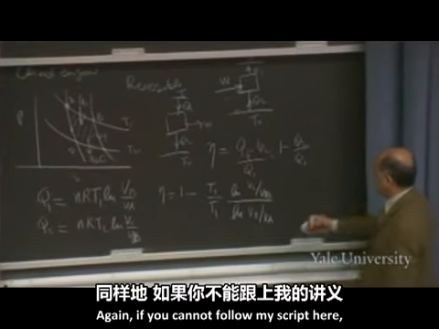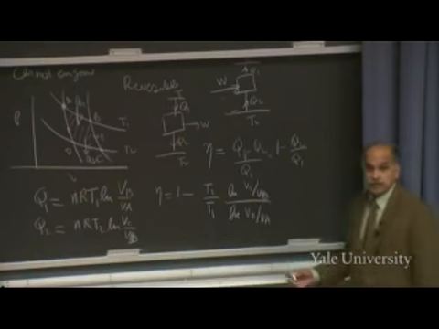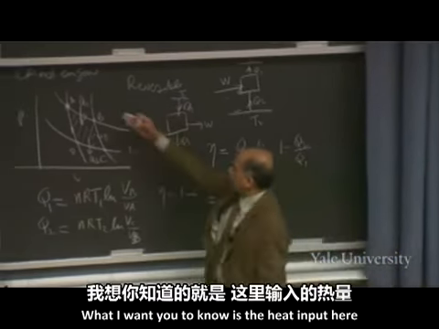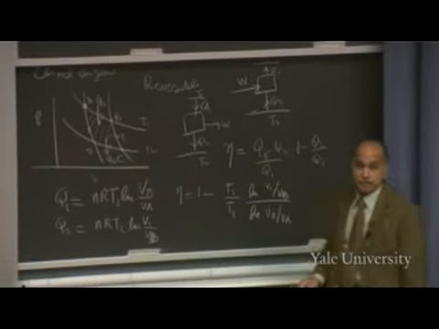Again, if you cannot follow my script here, you may have to go back and get the subscripts right. But don't worry too much about all the details. What I want you to know is the heat input here and the heat rejected here are all familiar quantities from what I did earlier.